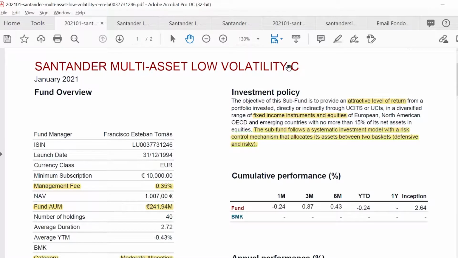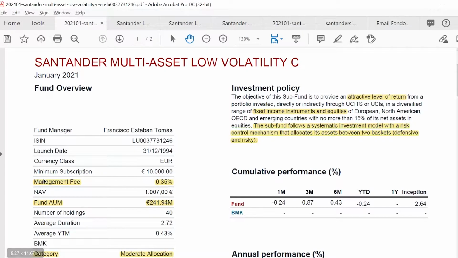So I went and checked the brochure or the prospectus of this fund, and it says that it has a management fee of 0.35%, which doesn't look bad, really. Moderate allocation, so it's sort of like a conservative fund. They say that it has an attractive level of return.